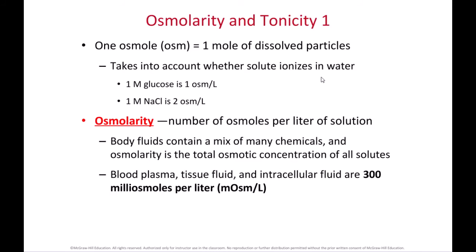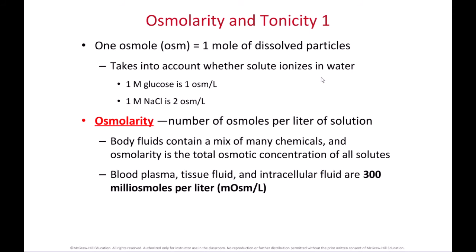Now, in our bodies, we have different chemicals that can be dissolved. Some chemicals influence osmosis more than other chemicals. So as we're looking at these different chemicals, we need a way to quantify how much they influence osmosis. And there's a special unit that we use called osmolarity. Osmolarity is very closely related to molarity, which you covered in a chemistry class that you took as a prerequisite for this.